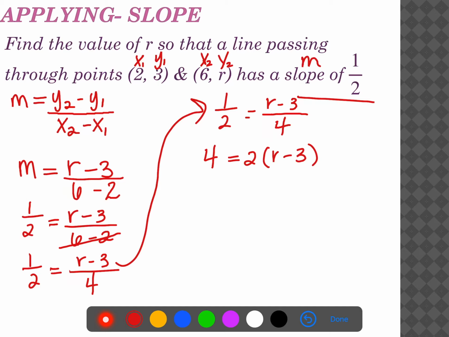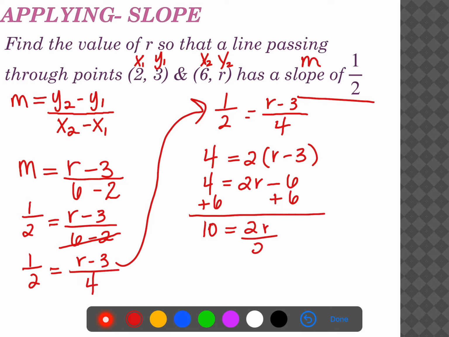We want to make sure that we use parentheses so that we distribute to the entire expression. Okay, we're just solving our equation now, and we find that our missing coordinate is 5.